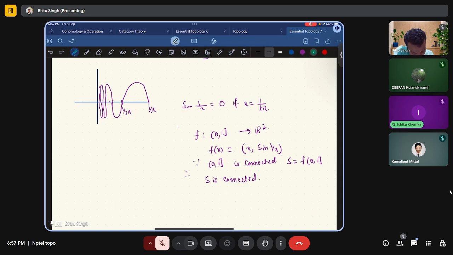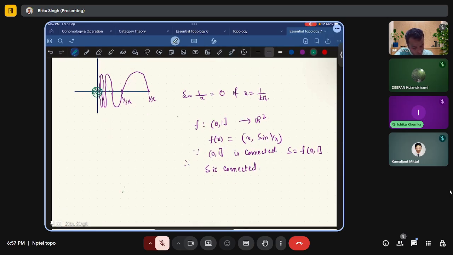If we consider the origin, then it is clear that whatever neighborhood we choose always intersects this graph. There are some branches, some curves, which will be included in this open neighborhood, this open ball.